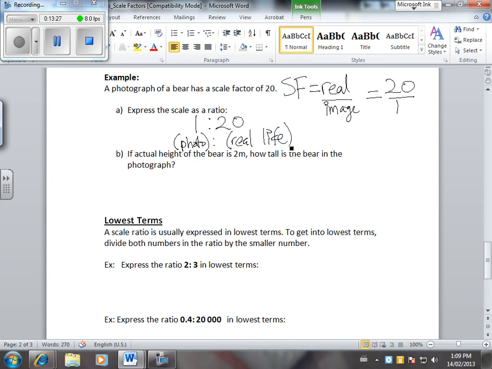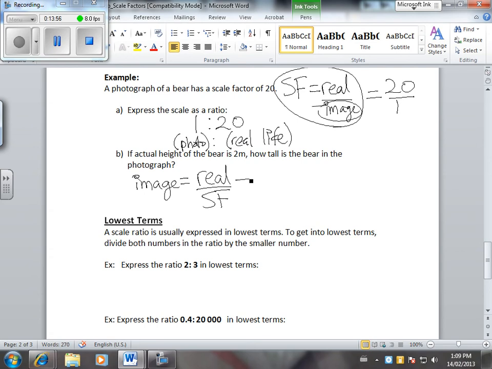Okay. If the actual height of the bear is 2 meters, how tall is the bear in the photograph? So again, if we look up at this equation here, we want to know image. So we get image by itself. So image equals, and this is just straight up algebra, real divided by scale factor.